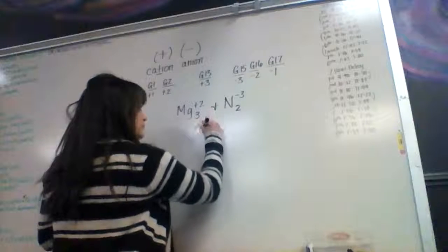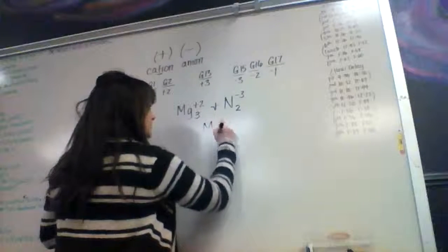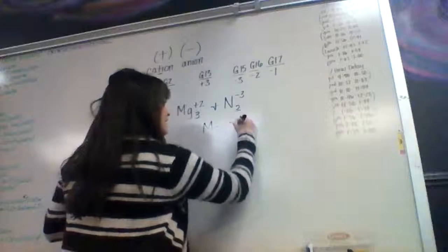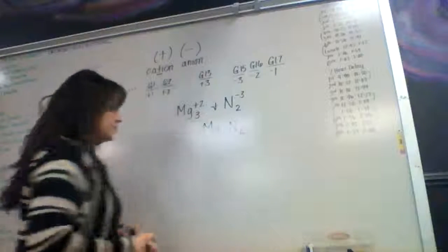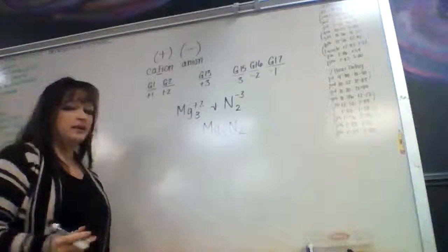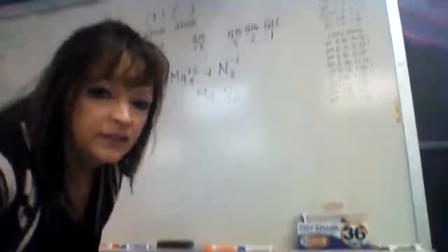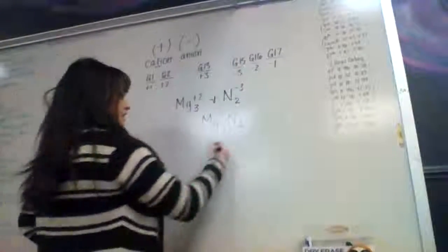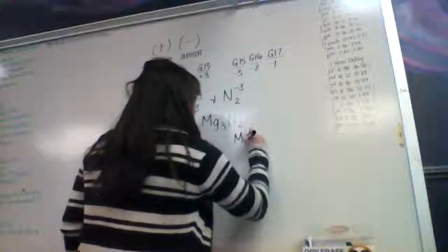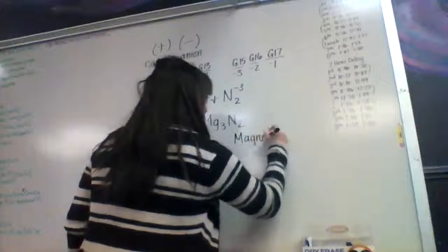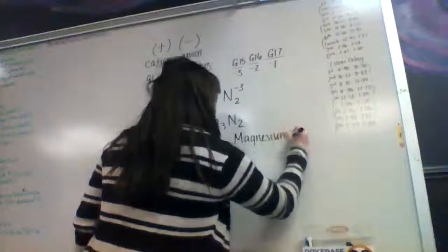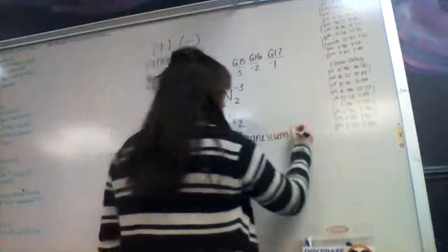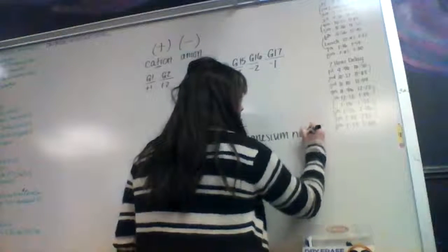So our chemical formula for that is going to be Mg3N2. Okay, there's kind of a glare on that. All right, so the name for that would be magnesium, and instead of nitrogen, it's going to get that ide ending, so it'll be nitride.